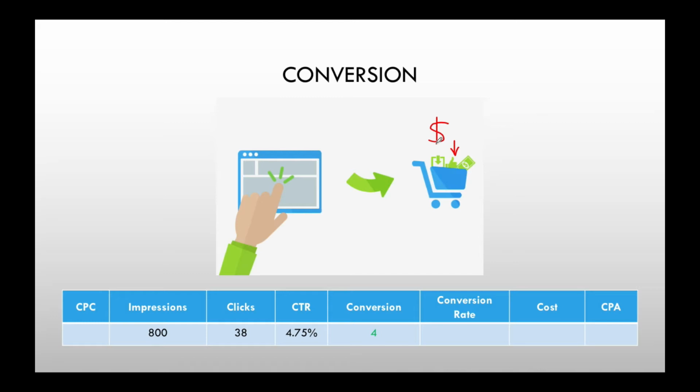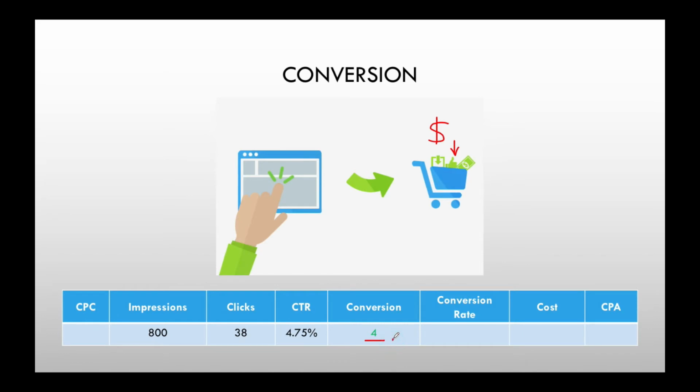Consider the same example. We have 800 impressions, 38 clicks, and a CTR of 4.75%. Assume that out of these 38 clicks, we've got 4 conversions. Basically, let us assume that it is an e-commerce company, and the number of conversions or the number of sales is equal to 4.